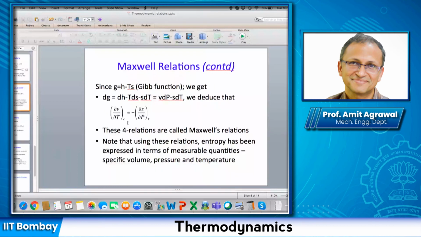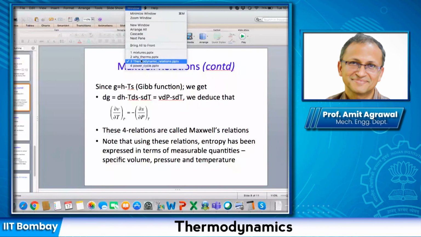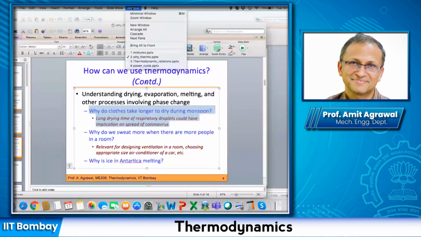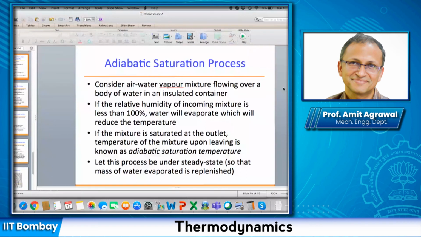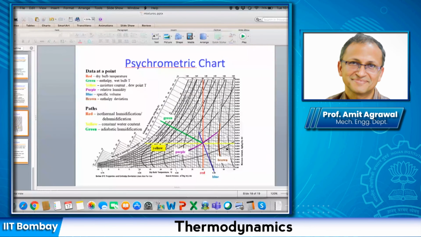So if we were to go to a chart like what is shown here, maybe like what we were seeing just now earlier. You can see that if you are at a given point, then you can move in so many different directions. One which has constant entropy, the other one would have some other curve with constant temperature, something else will have constant pressure.